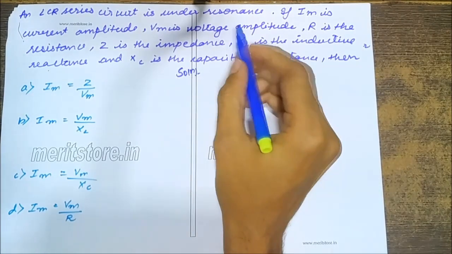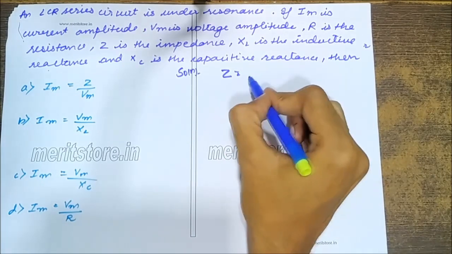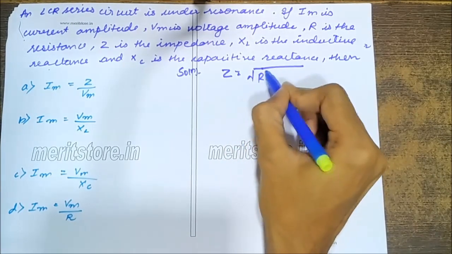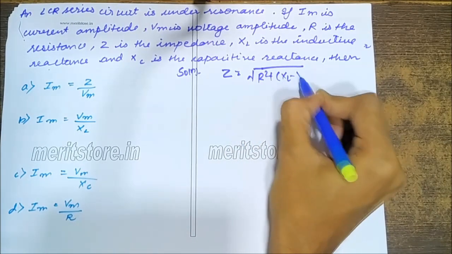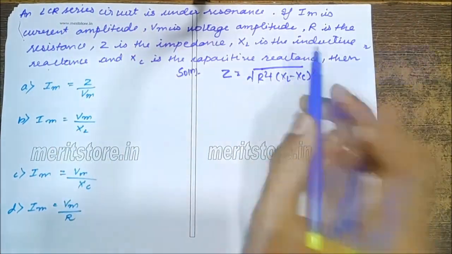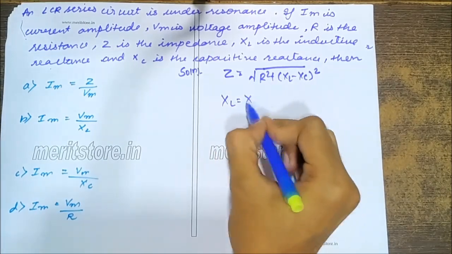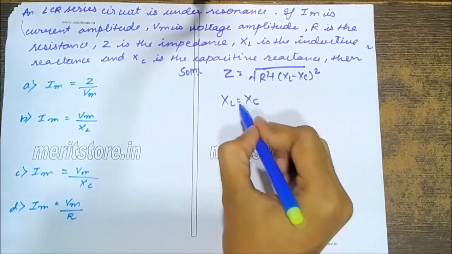So we have the impedance of the circuit. First of all, find its relation: Z equals under root of R square plus XL minus XC the whole square. And the circuit is under resonance. At resonance the inductive reactance and the capacitive reactance both become equal.